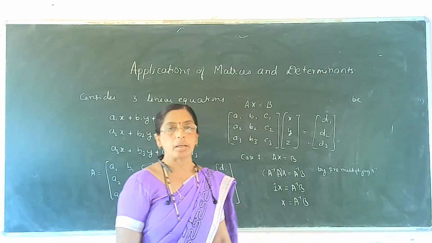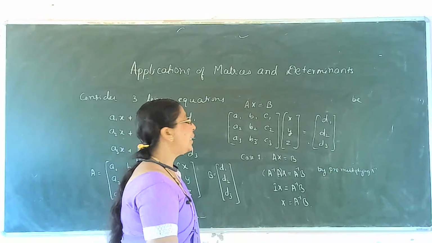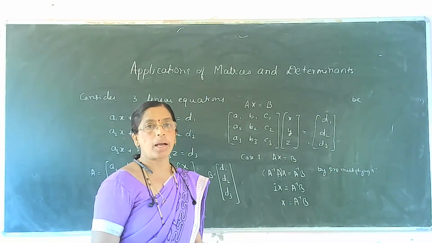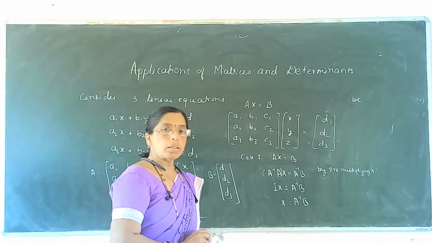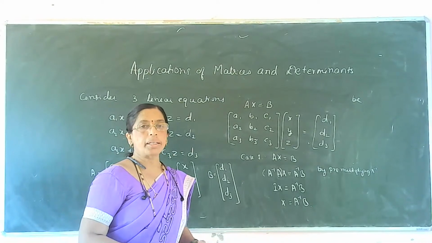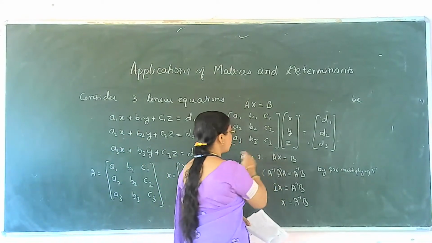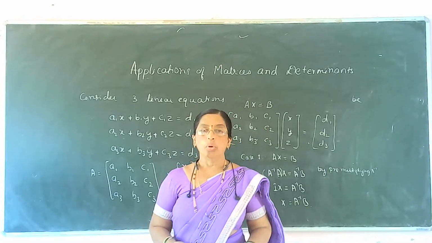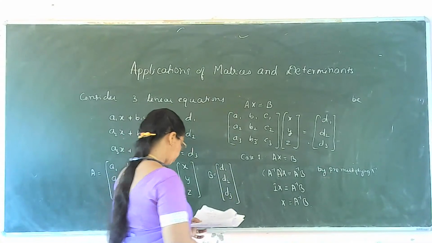The matrix method provides a unique solution for the system of linear equations. Here x, y, z have a unique solution because A inverse is unique. For every matrix, A inverse is unique. Therefore, this also has only one solution.